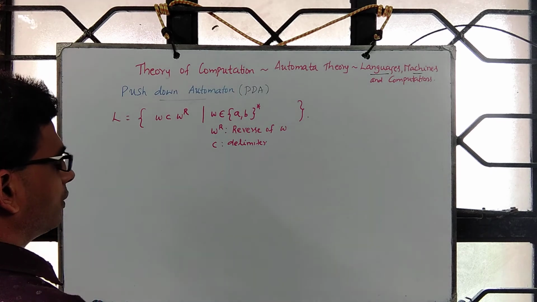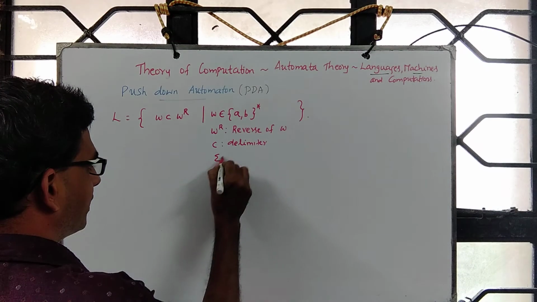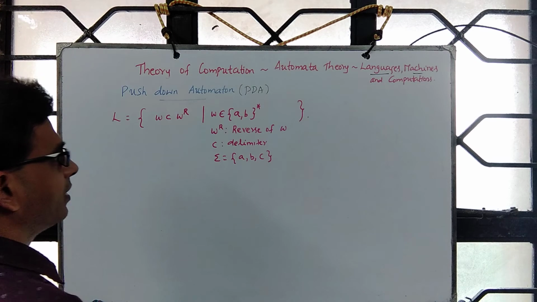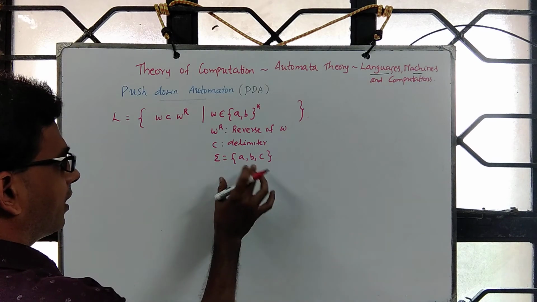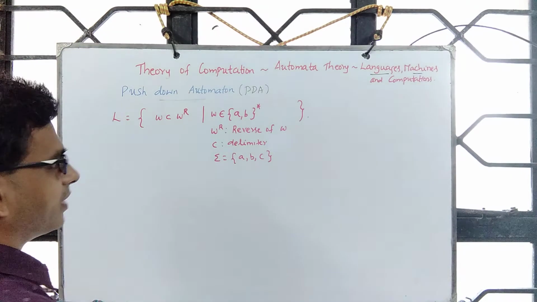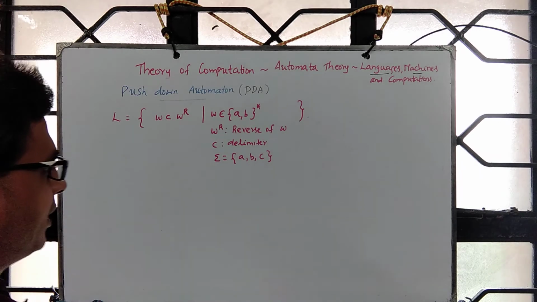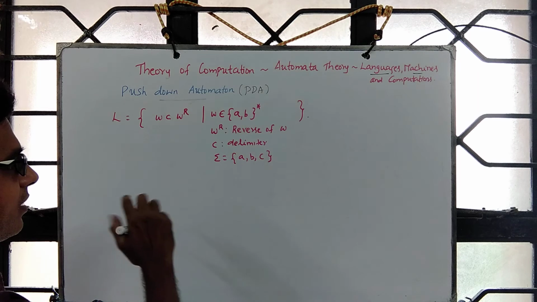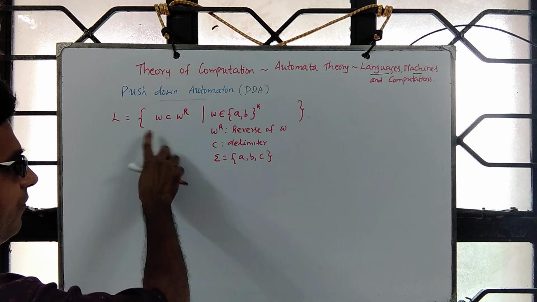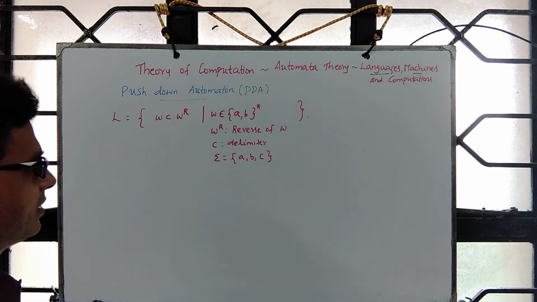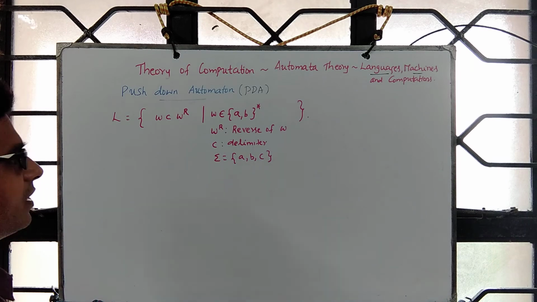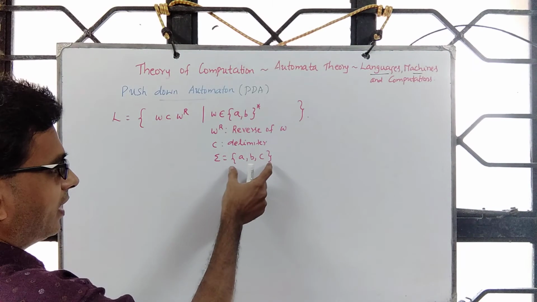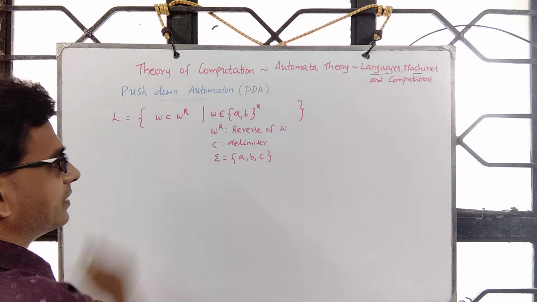Fine. So you can even consider sigma to be A, B, C. Usually gamma is associated with the stack, and every other symbol associated with the input tape, A, B, C in this case, is part of sigma.